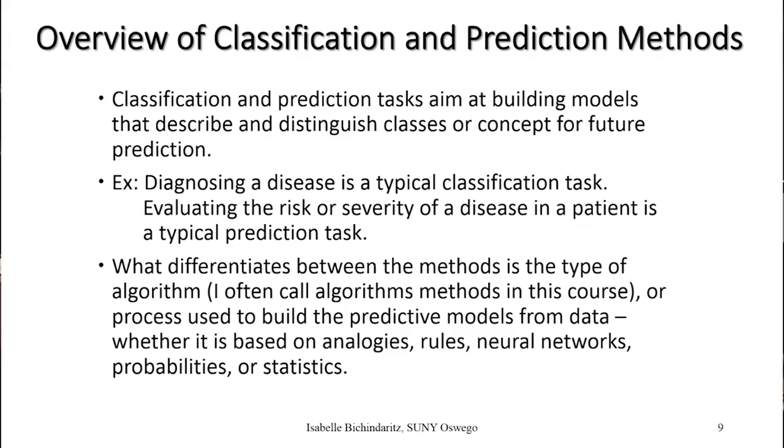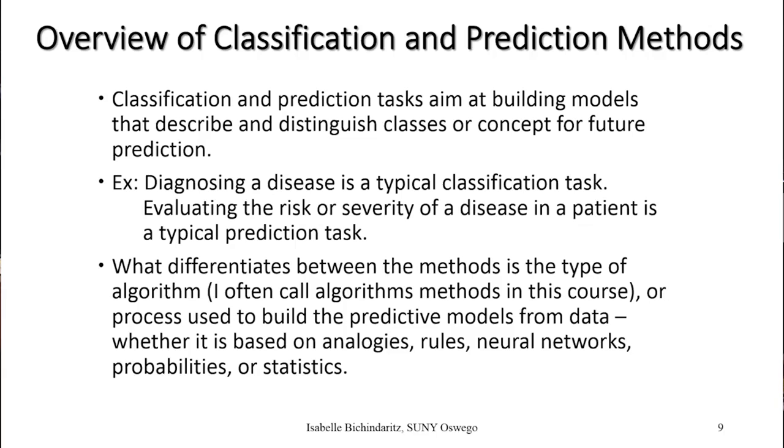What differentiates between the different methods we're going to see is the type of algorithm. I often call algorithms methods in this course. It's similar to a recipe or the instructions that you receive when you want to build a piece of furniture, for example. So it's an algorithm or list of instructions or steps, and I often call that a method here.